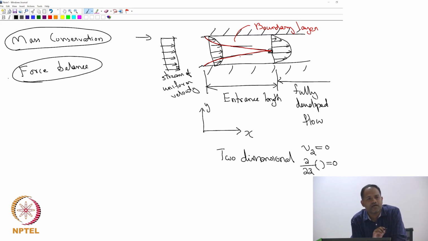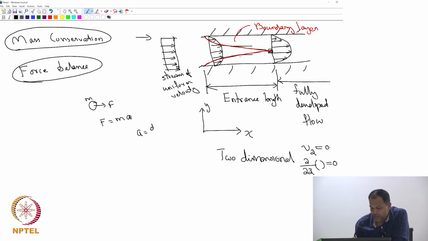Force is equal to mass into acceleration was really for a particle. You are applying a force, and if the particle had a mass m, you would have written that force is equal to m into a, where a was simply defined as the second derivative in time, that is, a is equal to d square x by dt square. Now, when we talk about fluid, the fluid is there everywhere in the domain.